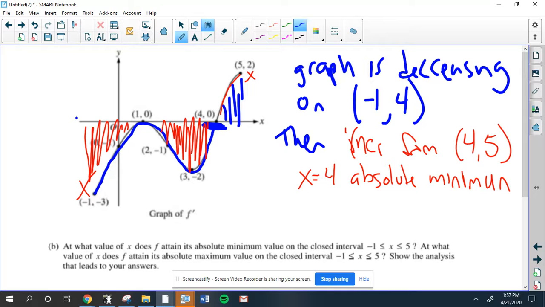So because of those areas, we can also now see that x equals -1 was an absolute maximum. So that was B.